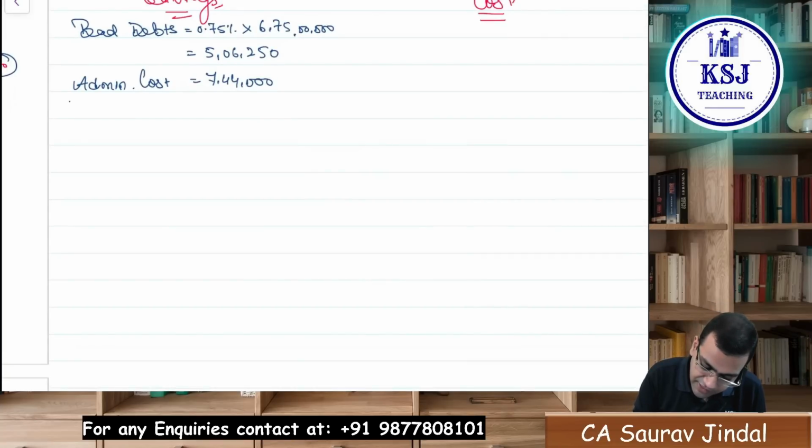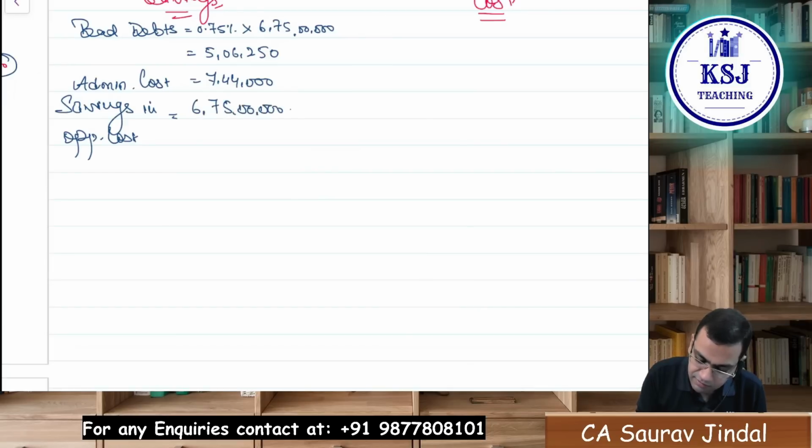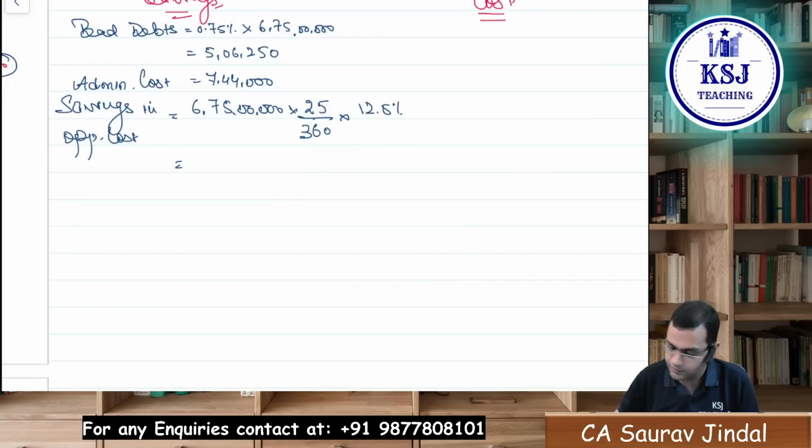So here we will take savings in opportunity cost. How much, sir? How much is the credit sale? 6 crore 75 lakhs multiplied by how many days is the savings? 25 days divided by 360 multiplied by 12.5%. This will be the savings.